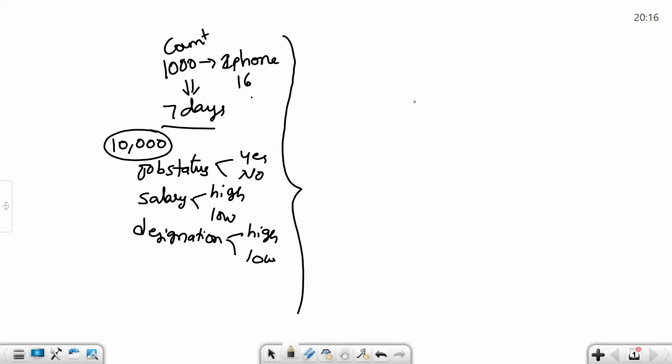How many mobiles would they need to sell? 1,000 mobiles. In how many days? 7 days. The iPhone 16 costs close to 1 lakh rupees, let's say $1,300.